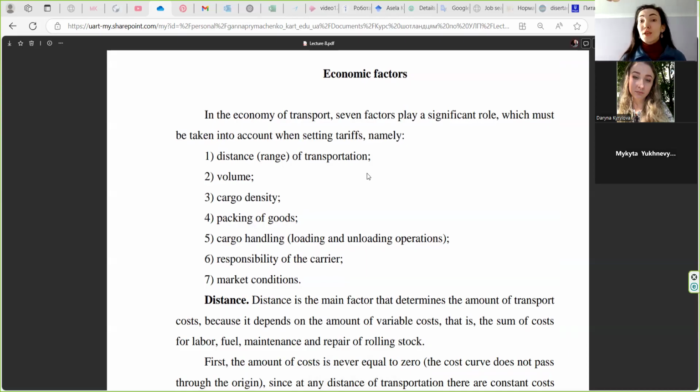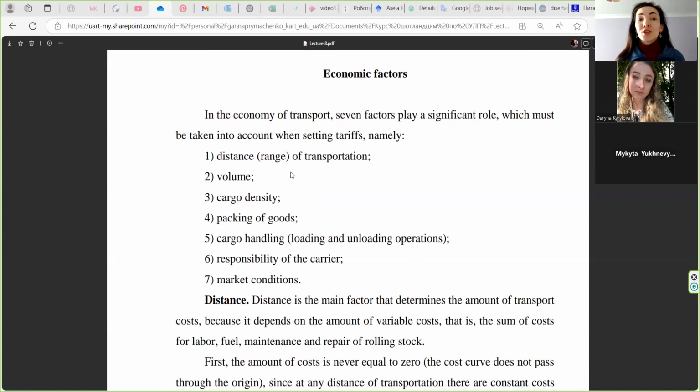But no, it is really about economic factors, because we could discuss this. Please see these factors now, and we start to find information about every factor in our lecture materials.